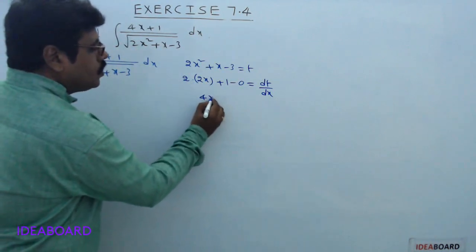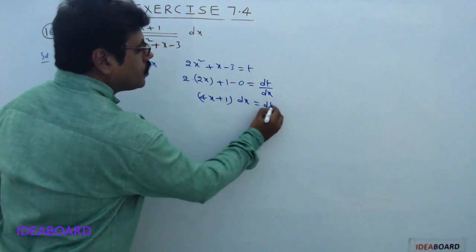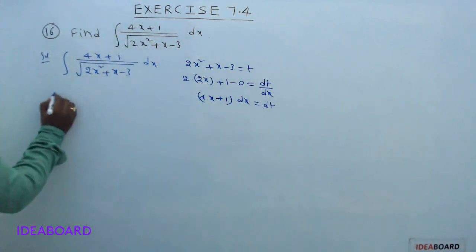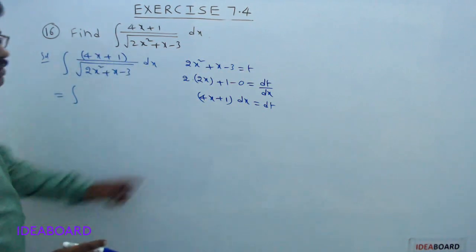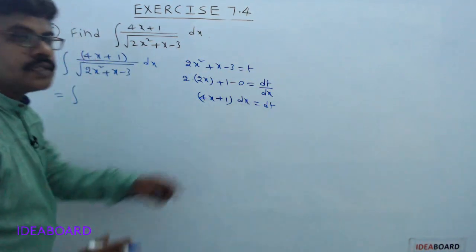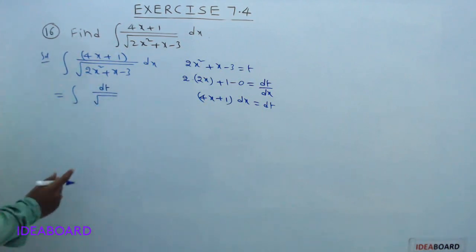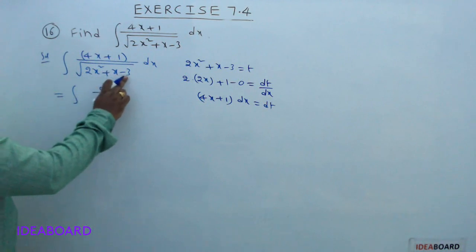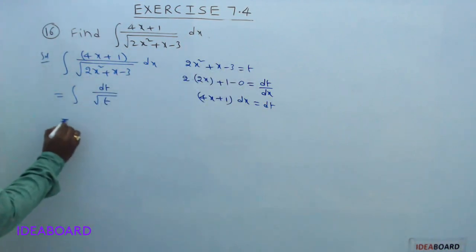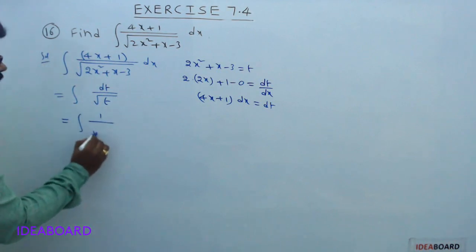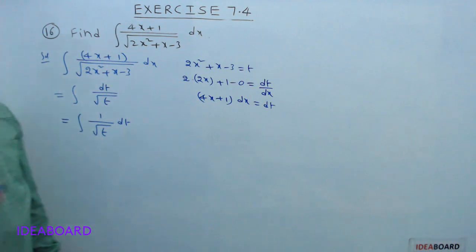So from this, 4x plus 1 into dx equals dt. Now this is integral 4x plus 1 into dx, which is dt, divided by square root of 2x square plus x minus 3, that is our substitution t. Now this is integral 1 divided by root t dt.